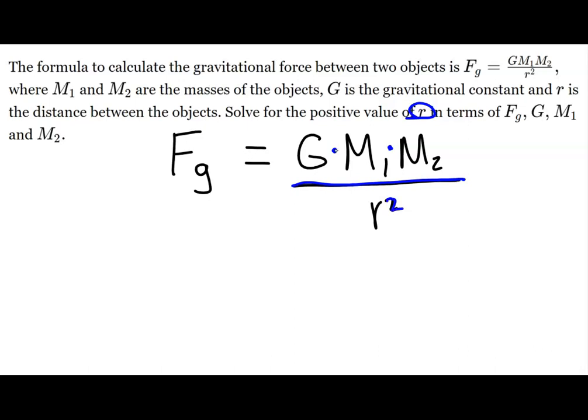So I'm going to need to get rid of these multiplications and these divisions and these powers. But the first thing I want to focus on is the fact that this r that I want to get by itself is in the denominator. And you can't have a variable in the denominator, so let's just remove it right from the beginning.